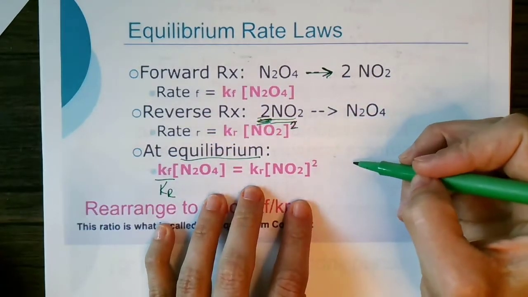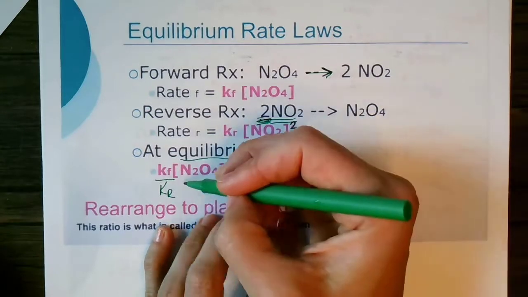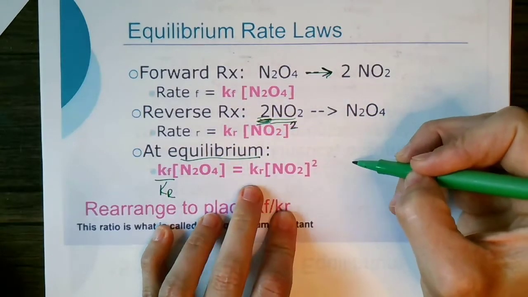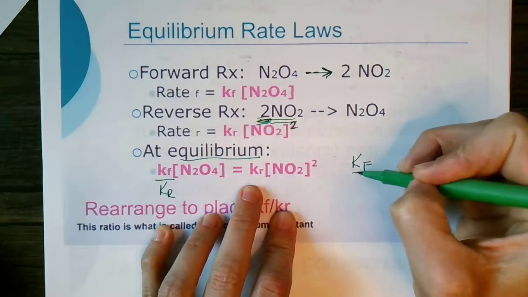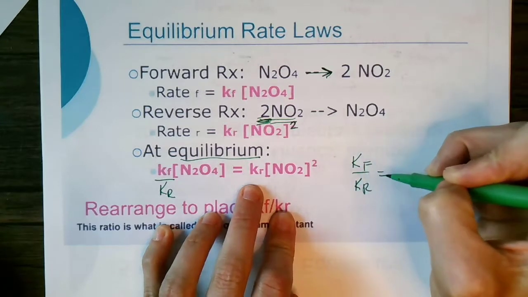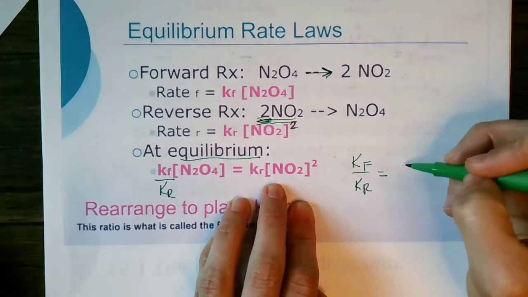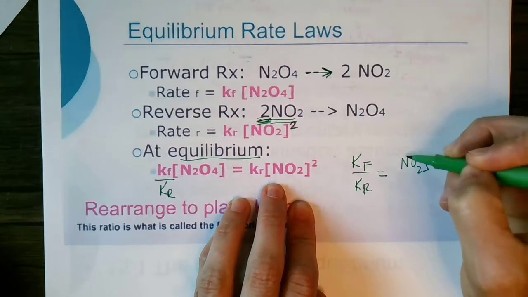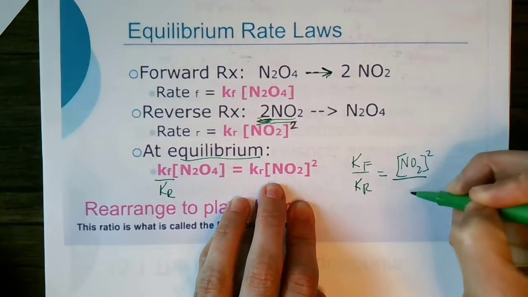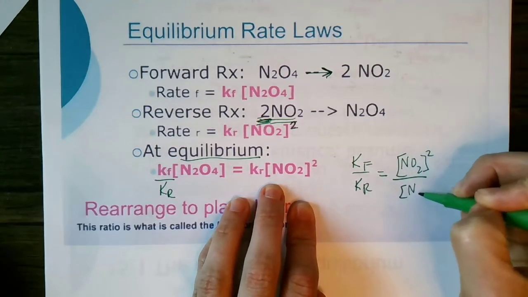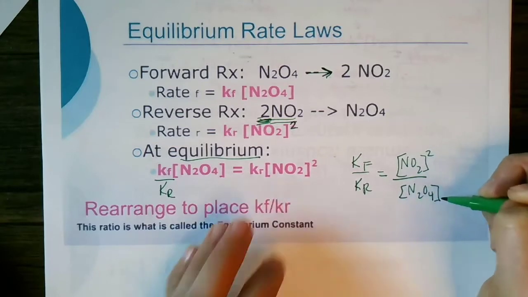When we did that and divided both sides, we have Kf over Kr, which was equal to NO2 to the power of 2 over N2O4.